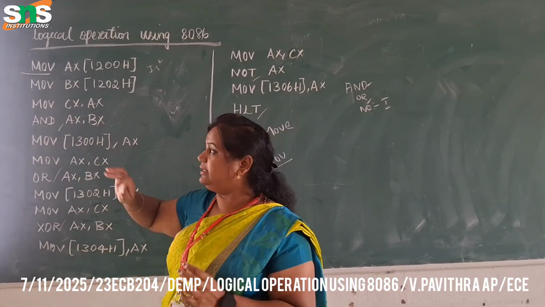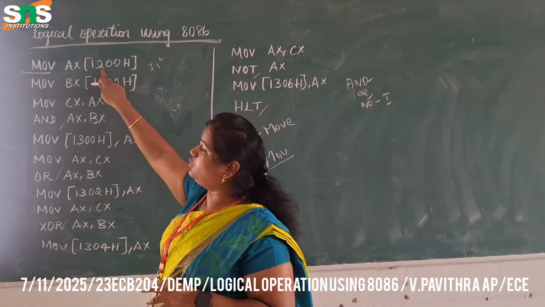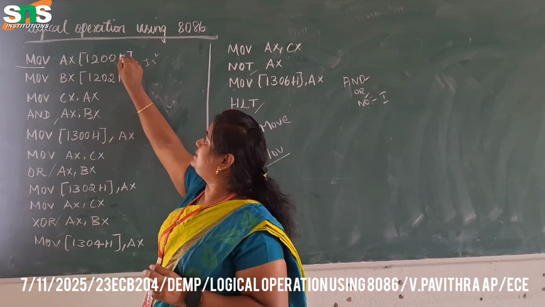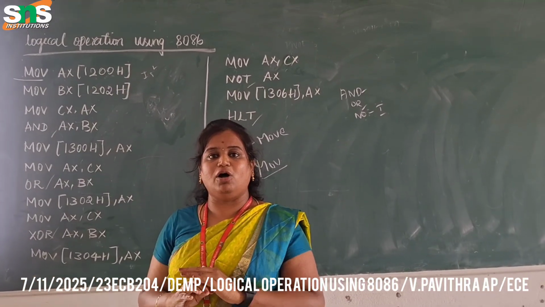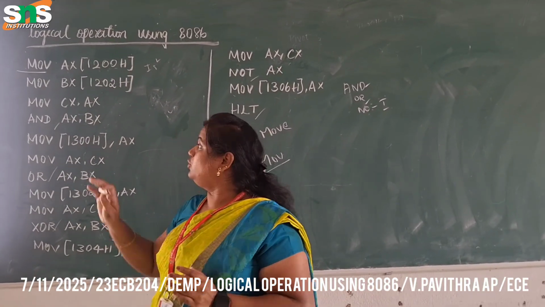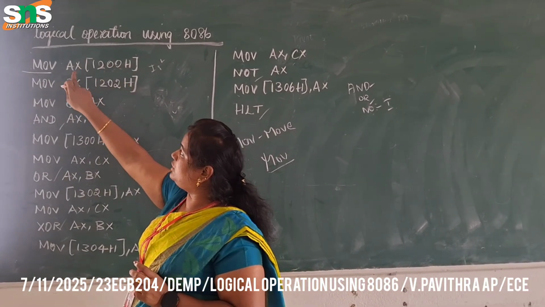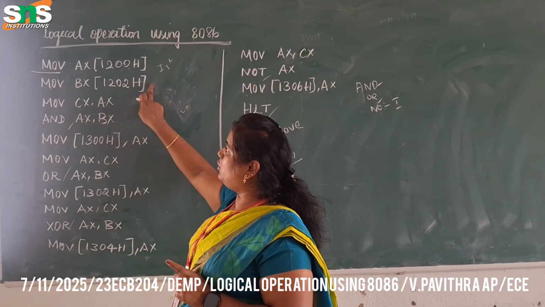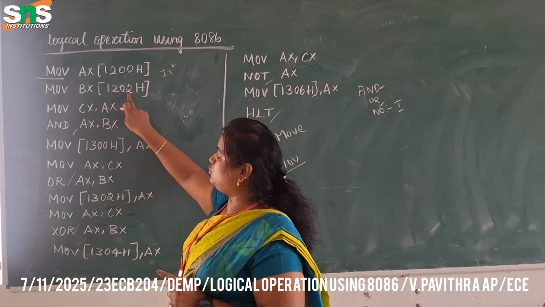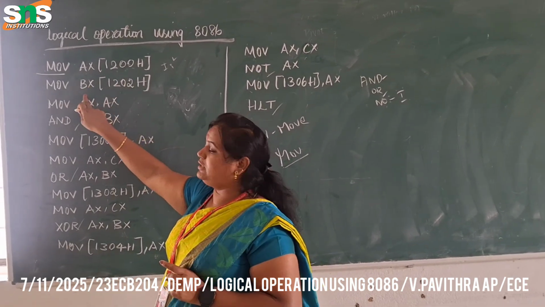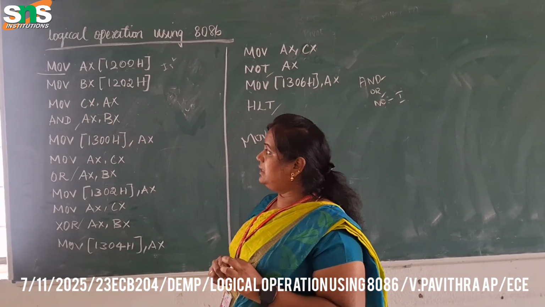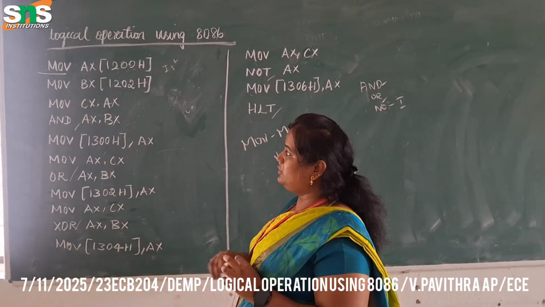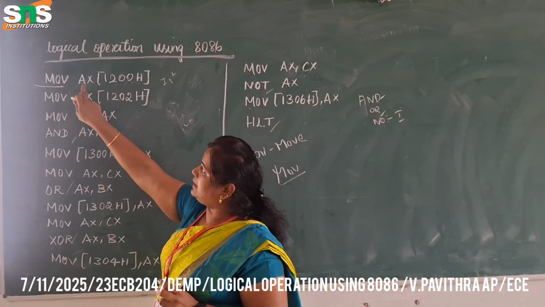The H is here because the microprocessor works with hexadecimal values. So the first value is going to transfer into the AX. That is a move, okay? And the second value I am going to keep in 1220H, and I am going to move it into the BX register.